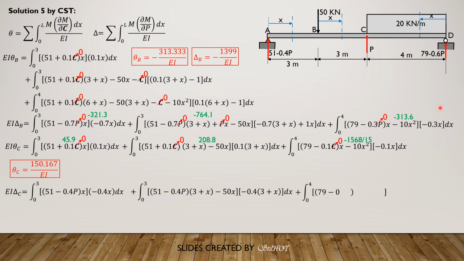Then at the rightmost, plus integral 0 to 4 of quantity 79 minus 0.6 P times x minus 10x squared, derivative is negative 0.6 x dx.